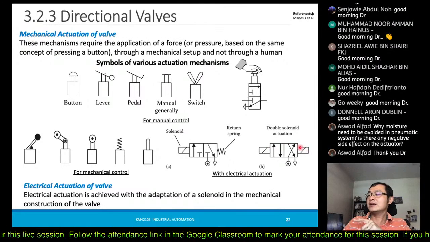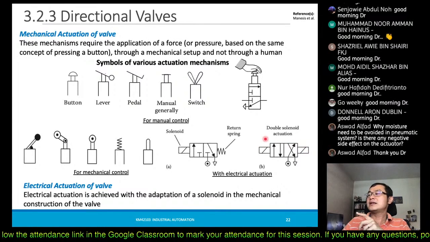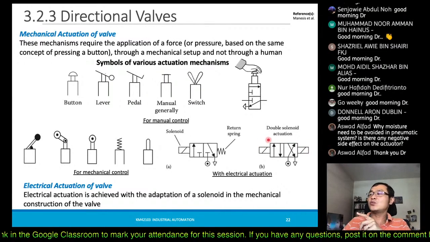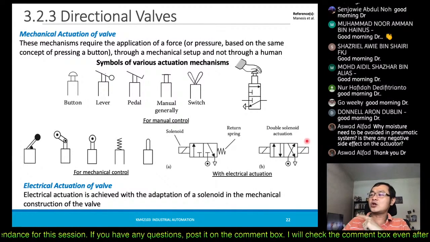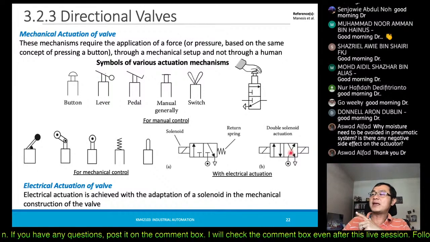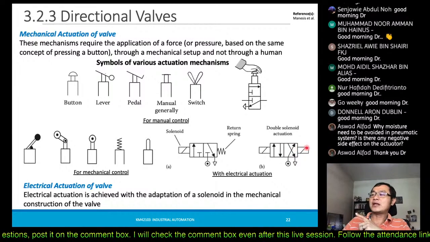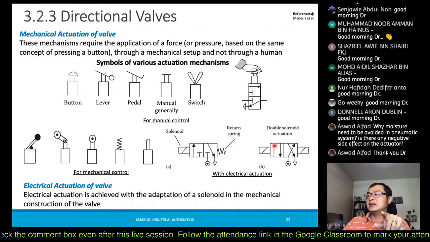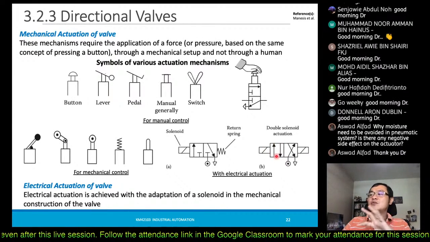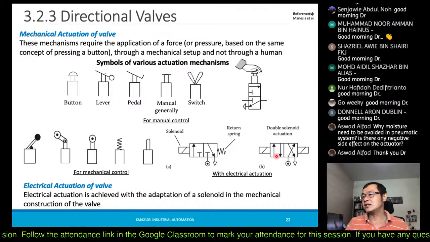Whereas for this one, since we have these two, they may label this solenoid 1, solenoid 2, right? So if we activate solenoid 2, then this one, which is connected next to it, will be activated, okay? Whereas if we activate solenoid 1, then this state will be activated. This is how we read it, right?